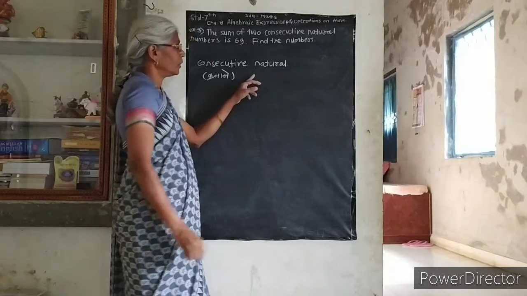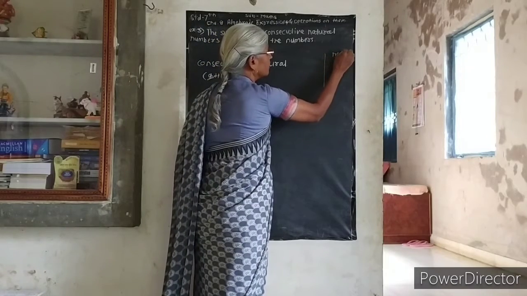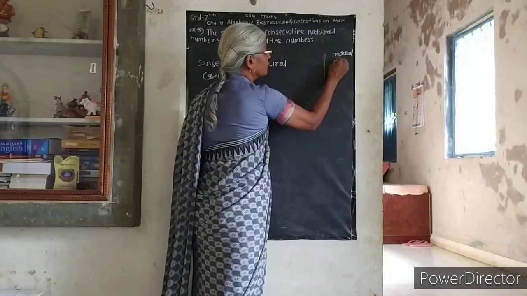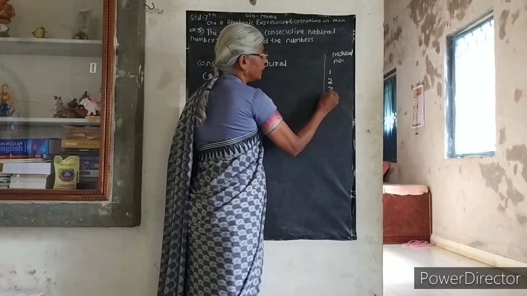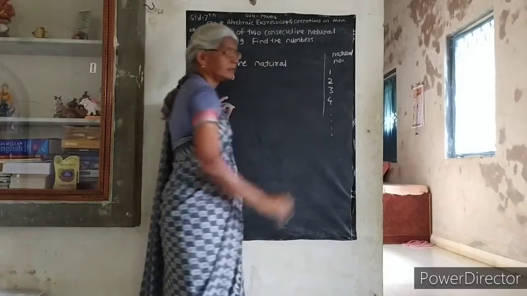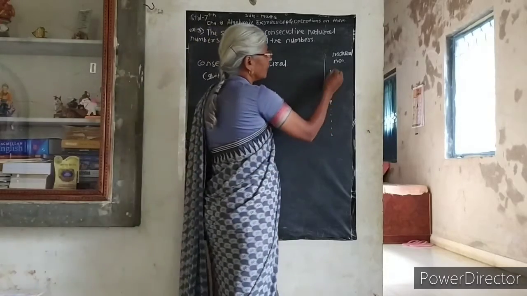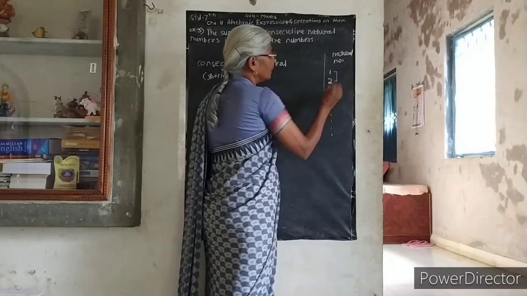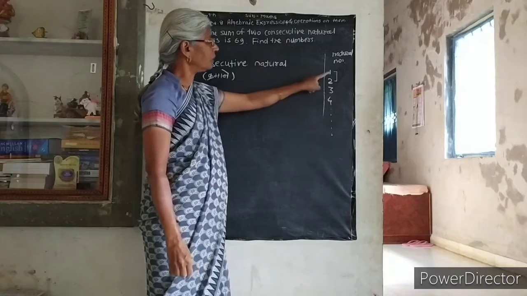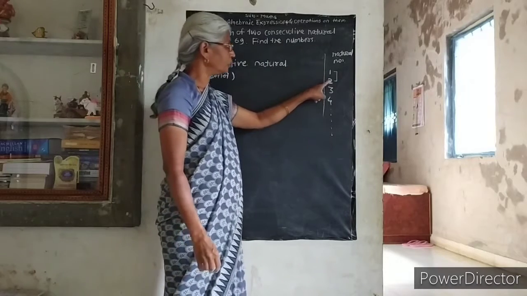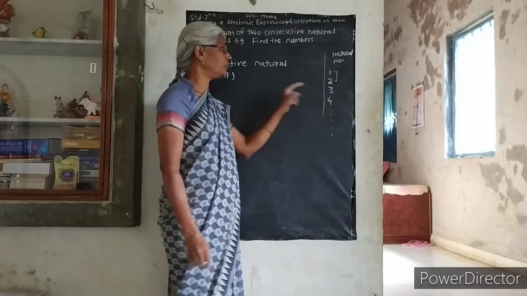See here. We know the natural numbers 1, 2, 3, 4 and so on. Then observe here, the difference between two consecutive numbers: 1 and 2 are consecutive, 2 and 3 are consecutive, 3 and 4 are consecutive.